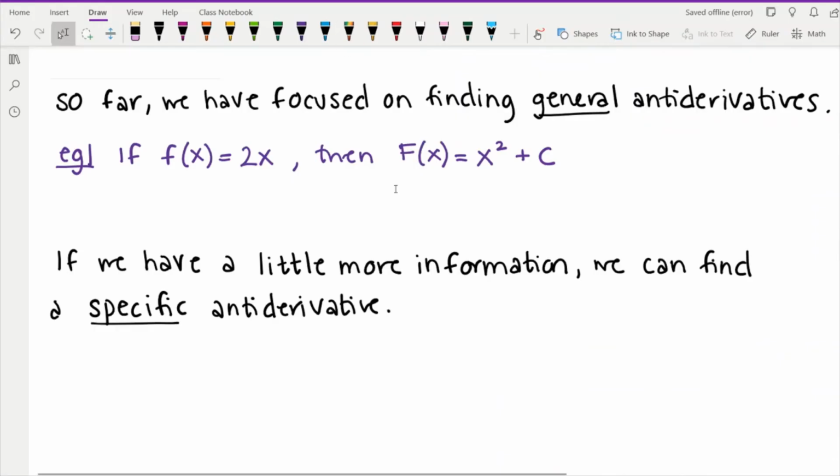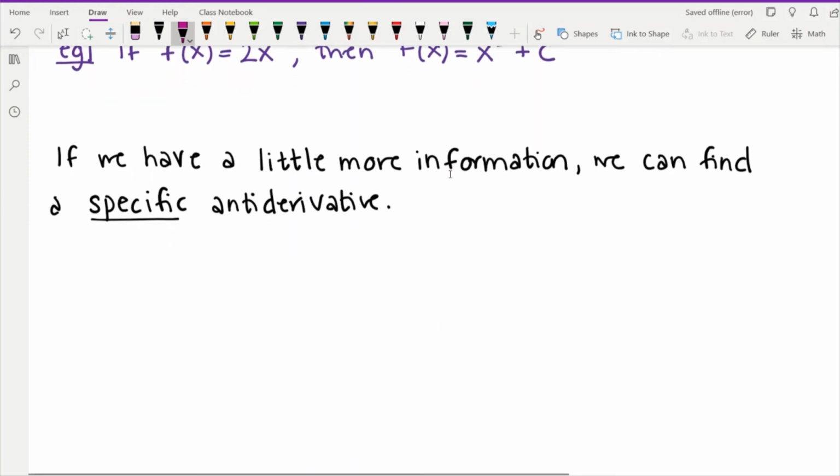So in some cases, you're going to want to know not just the most general antiderivative, but one specific one. How would this work? Well, you have to be given a little bit more information. Let's say we're looking back at this same first example. You're given that the function f of x is equal to 2x.